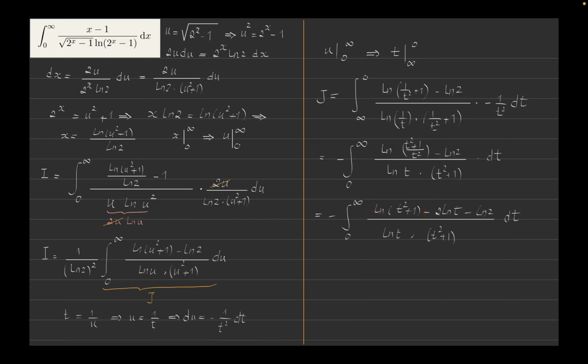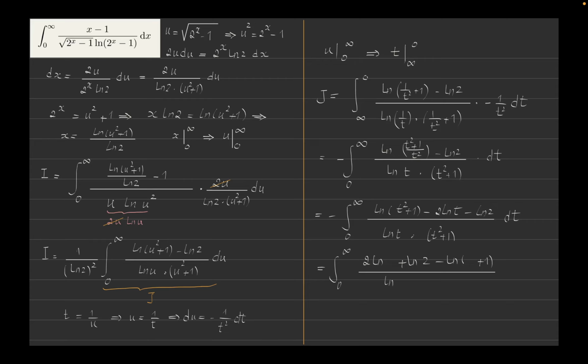Okay, so this becomes equal to integral from 0 to infinity 2 ln of t plus ln of 2 minus ln of t squared plus 1, and then divided by ln of that should be u. So let me do both things in one go, otherwise we have to write a lot. Okay, so I changed this name to u as well.